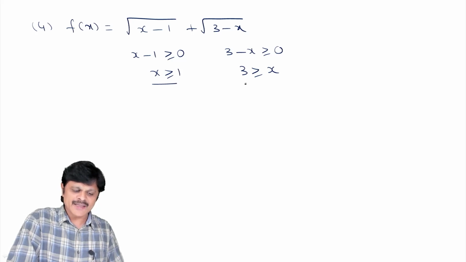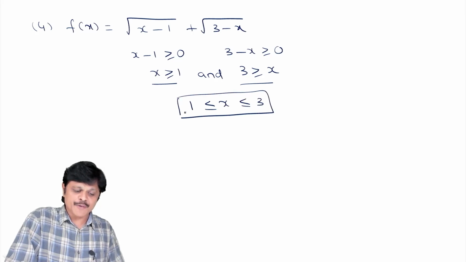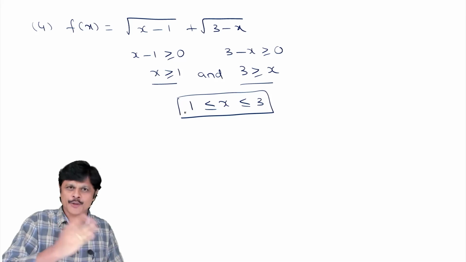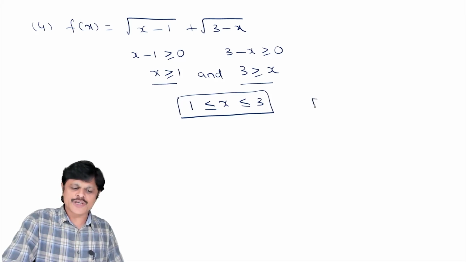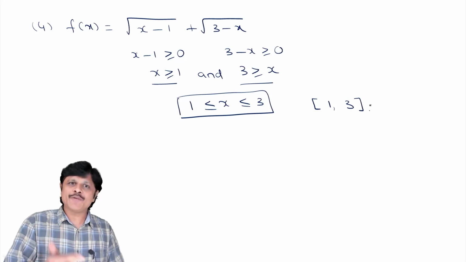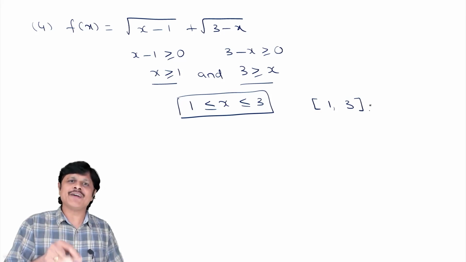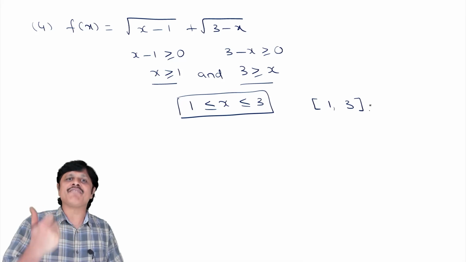If you combine these two things, because both must be happening, 1 should be less than or equal to x, less than or equal to 3. So this function is defined only in the domain 1 to 3, closed interval 1, 3. So rule is given, you can identify when it is a function.